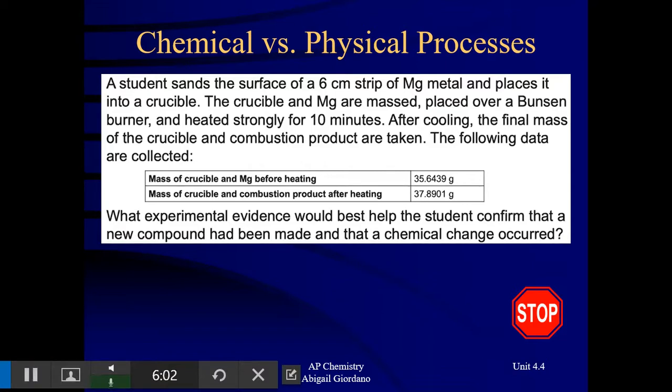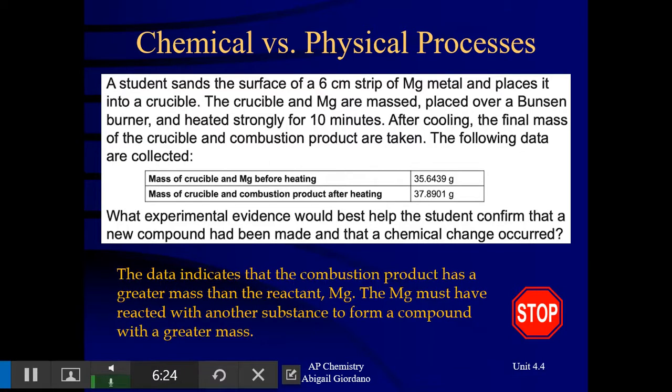To get credit for this question, you would absolutely need to reference the data table. If you'll notice, from the first mass to the second mass, the mass increased. So this magnesium must have reacted with something. There's a greater mass at the end than there was at the beginning.